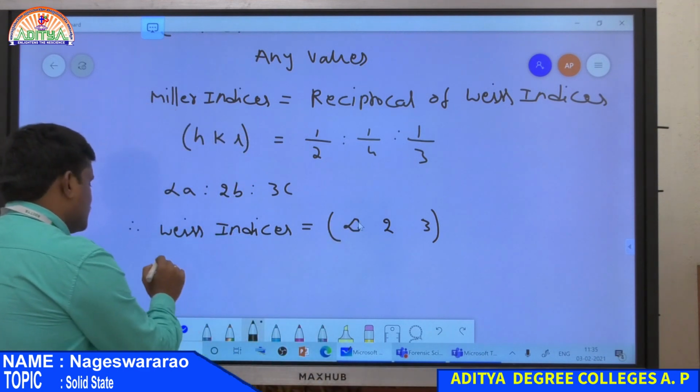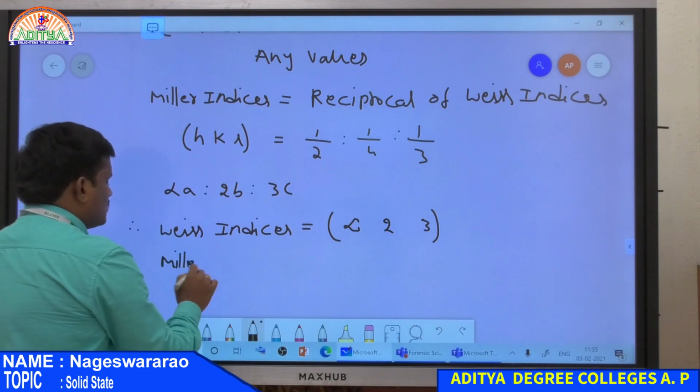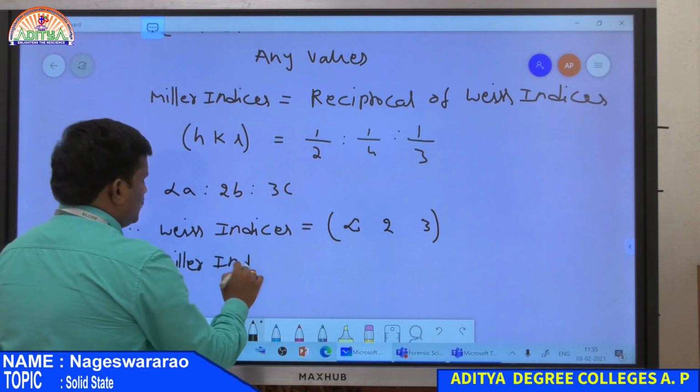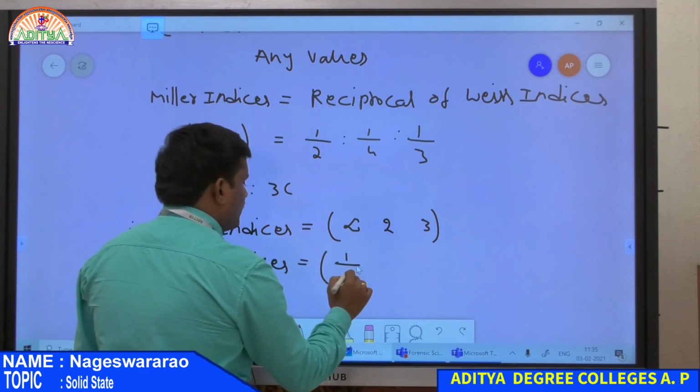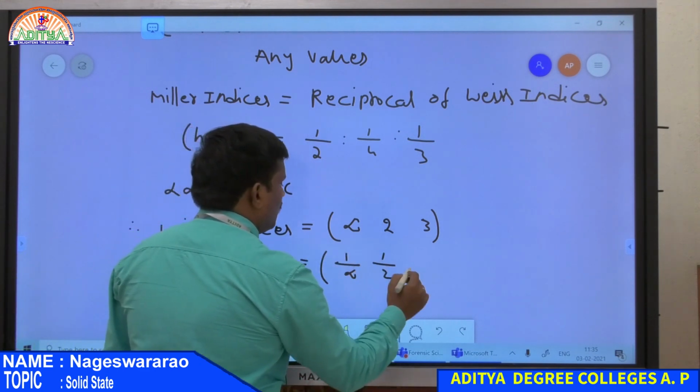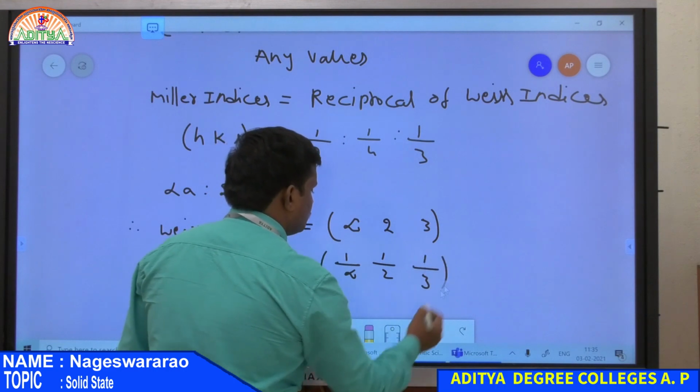Now for Miller indices, taking reciprocals, Miller indices are 1 by infinity, 1 by 2 and 1 by 3.